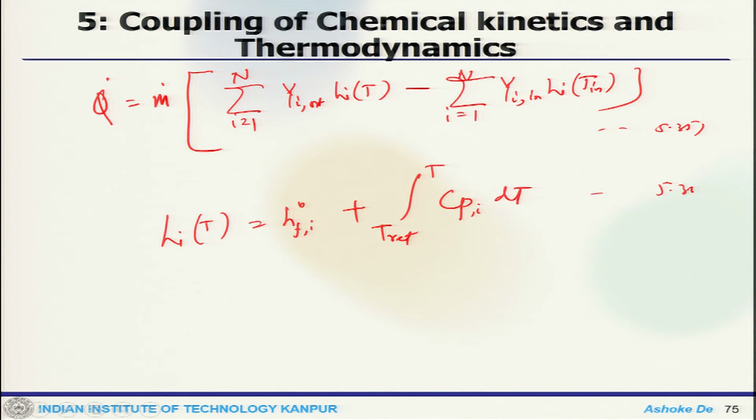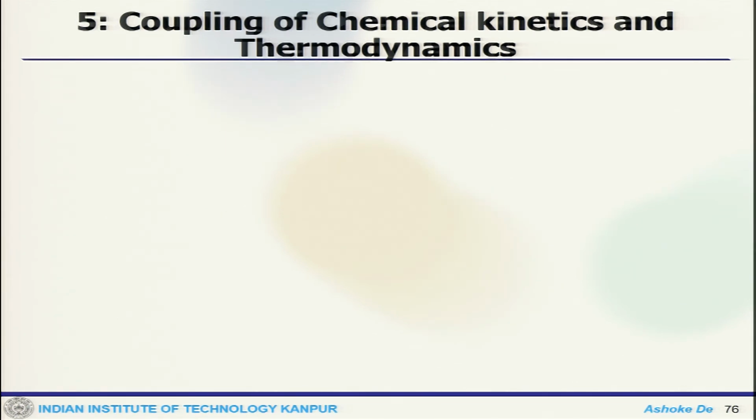So, finding T and Y I out is similar to the equilibrium flame T calculation, but the composition is constrained by kinetics.